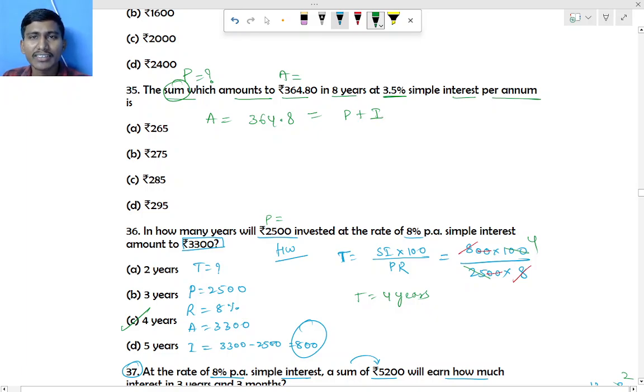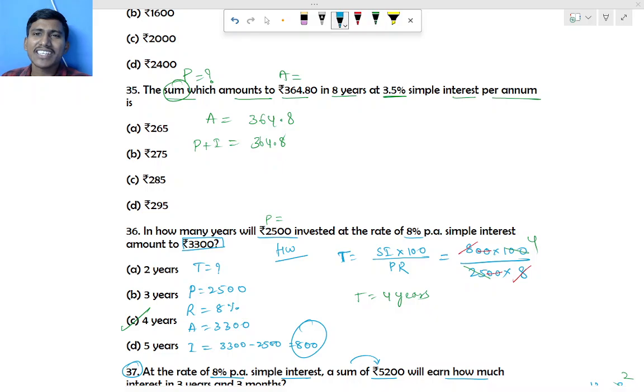So principal plus interest is equal to 364.8. Now interest, how do we find? PTR by 100. Principal we don't know, principal you have to find, so you write it as P only.